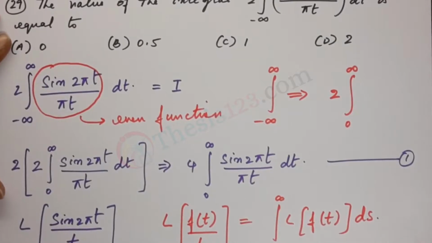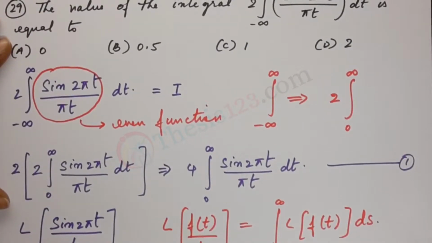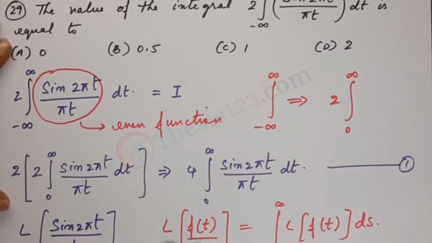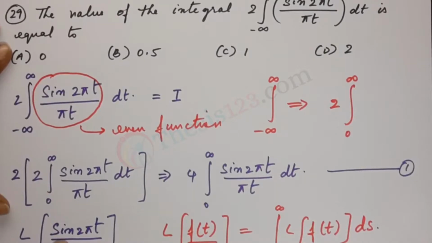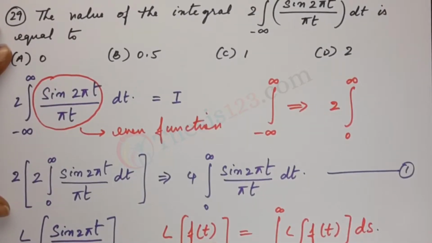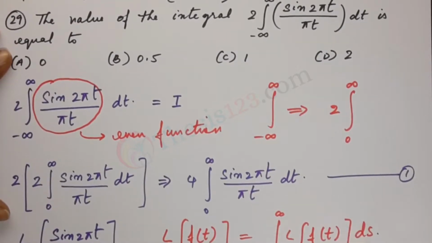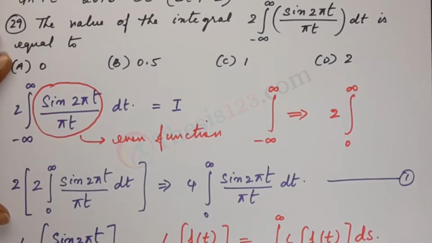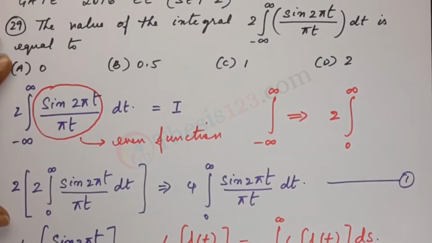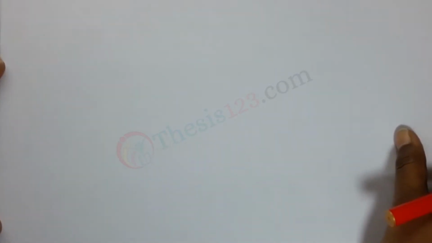This is a formula that we will have to remember, and we are going to use it here. If you compare them, f of t by t corresponds to sine 2 pi t by t. So the Laplace of this is the integral from s to infinity of Laplace of f of t, that is Laplace of sine 2 pi t. Let me just take another sheet of paper and we'll continue.